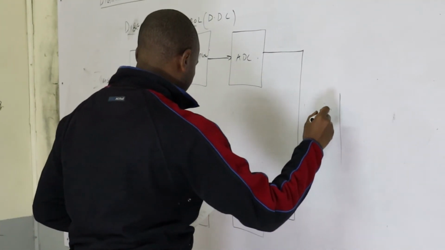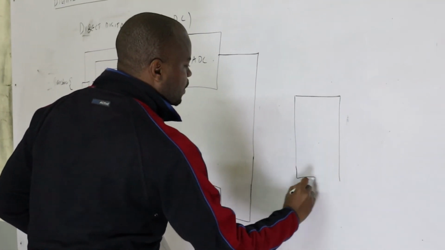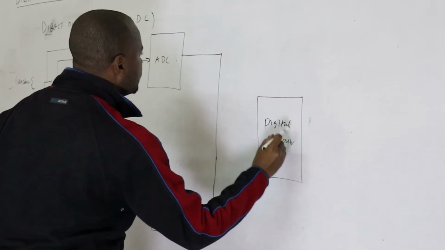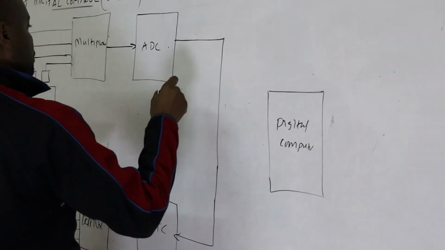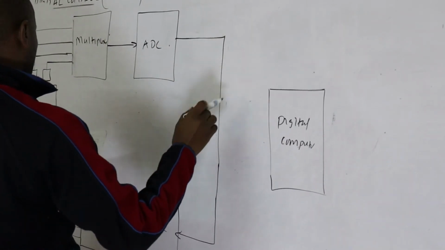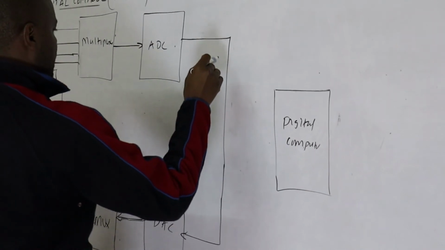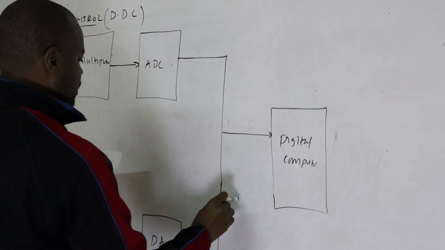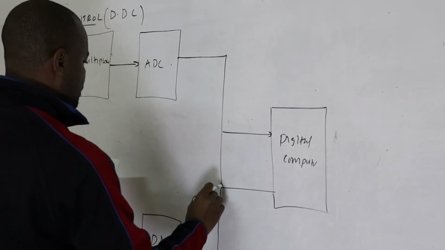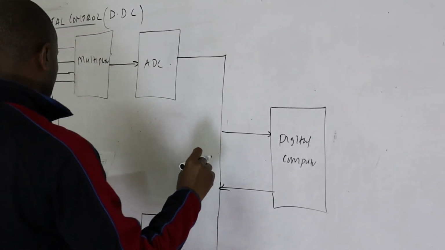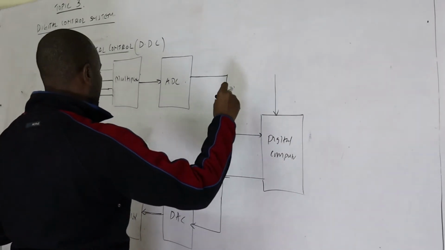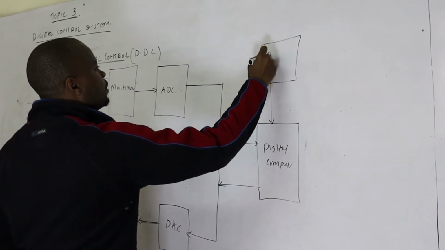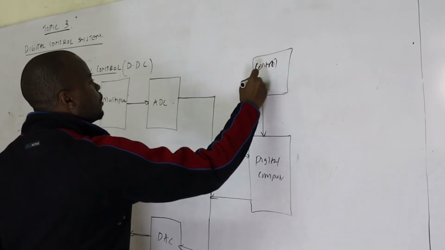So here we can have a digital computer, the CPU. Then from the digital computer, we have the data bus getting into that, and the address and control bus in that case. And in this case, we must be in a position to enter information into that, and that is the control console.